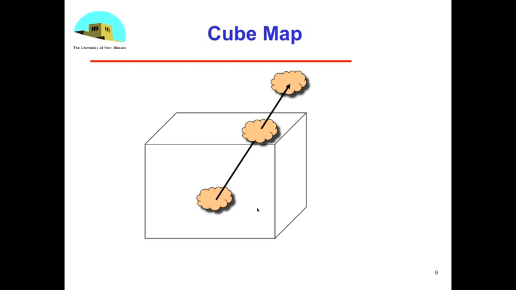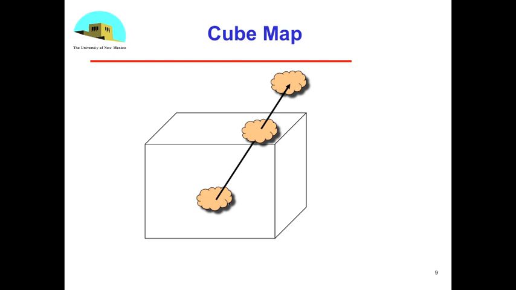So if I look at this as a two-step process, where the first step is to project onto the cube, I form 6 images. So I have 6 images formed by the projection onto the cube: the top, bottom, right, left, front, and back images.